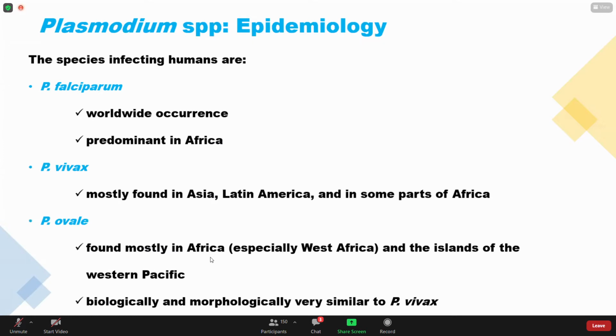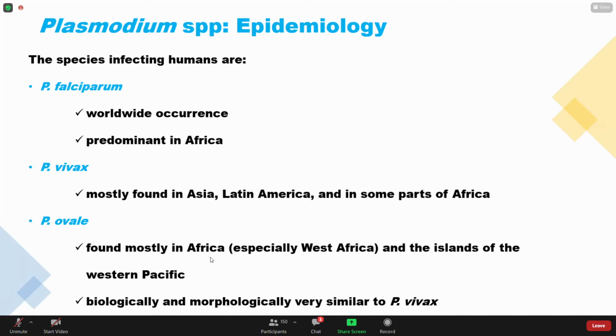Now, in terms of epidemiology, P. falciparum used to be worldwide in occurrence, but in some temperate areas of the world, they have effectively controlled malaria parasite infection. In Africa, it's the predominant strain.